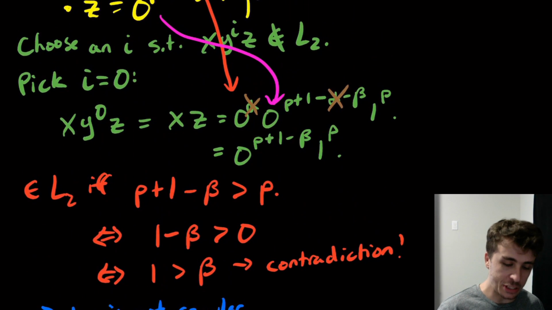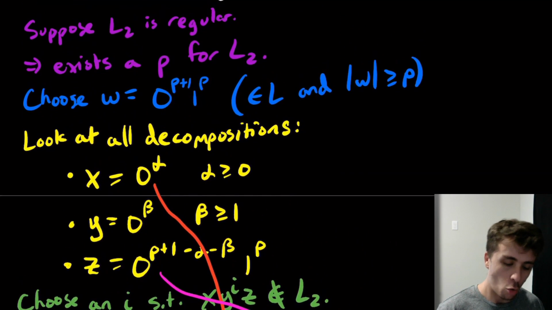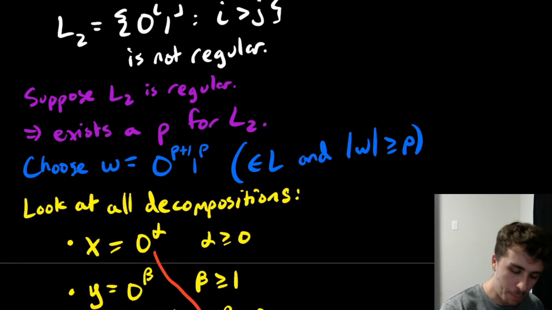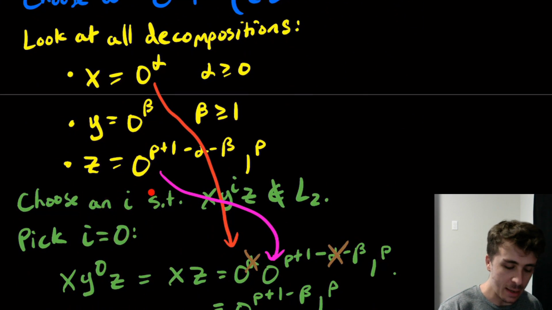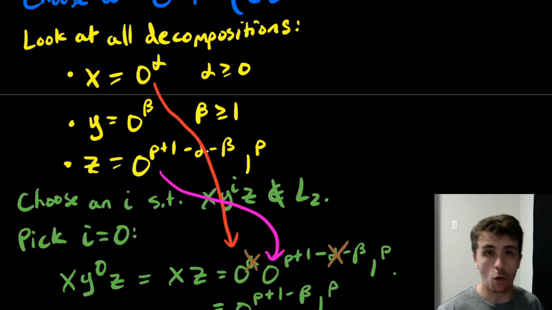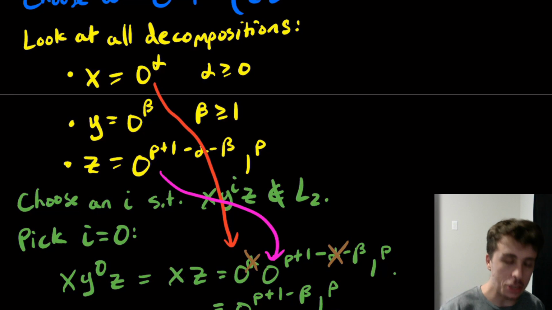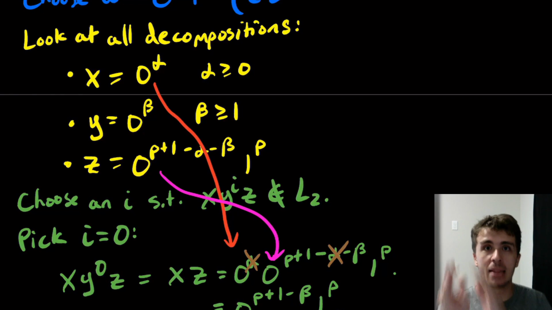So this was actually a slightly different example where we have to pick the i carefully so that we can actually subtract the number of zeros out, because initially the number of zeros is bigger and the zeros are at the beginning of the string.